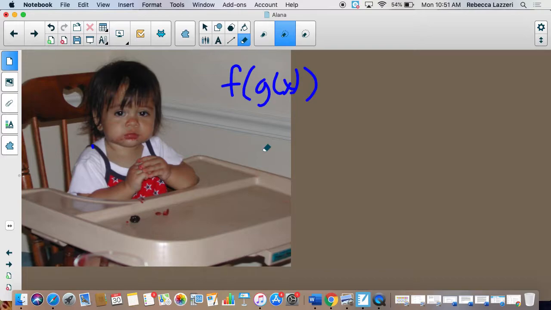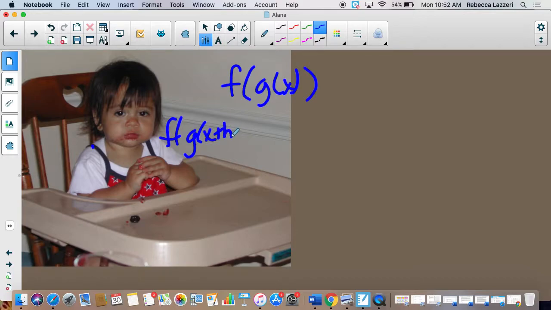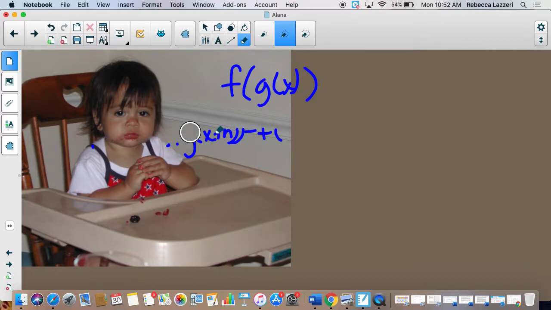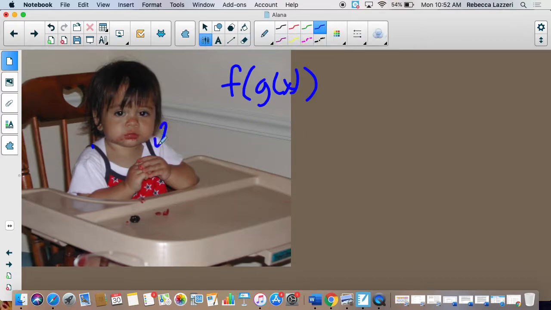All right, so the limit formula is the limit of f of g of x plus h minus f of g of x, over h, as h approaches 0. Alright, so we're supposed to do f of x plus h.